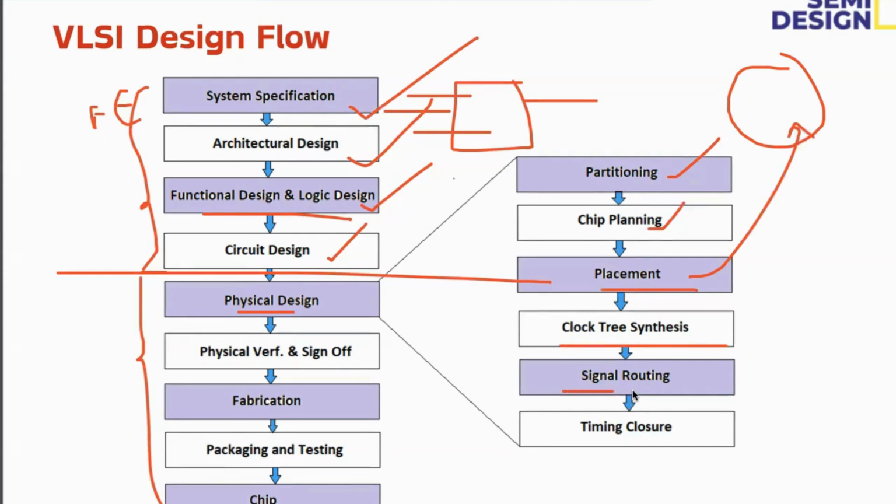Clock tree synthesis, signal routing, timing closure. These are internal sub blocks we need to work on. Clock tree synthesis is a separate domain, like a separate group, a separate team.